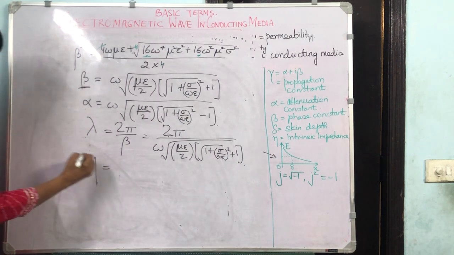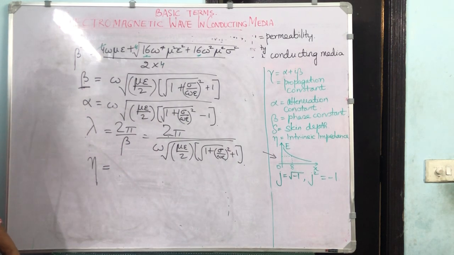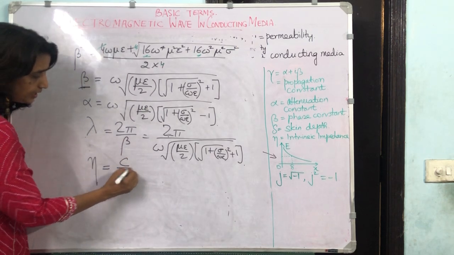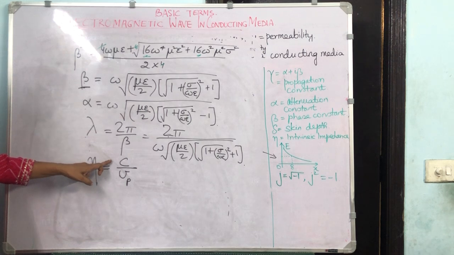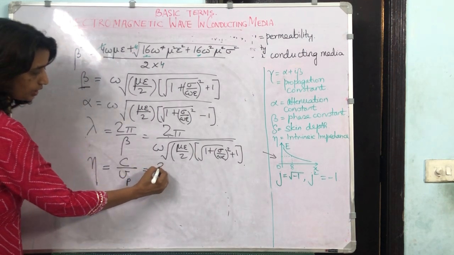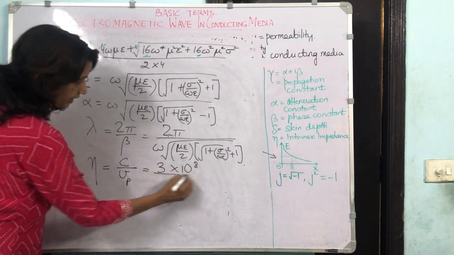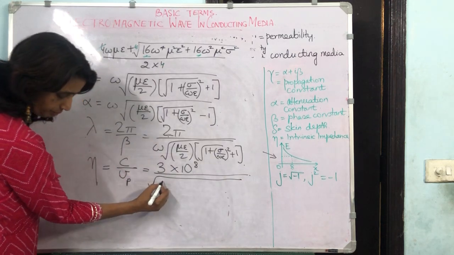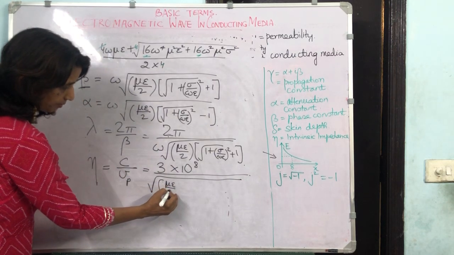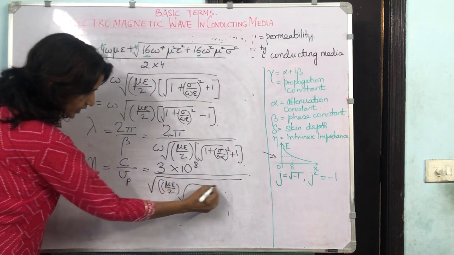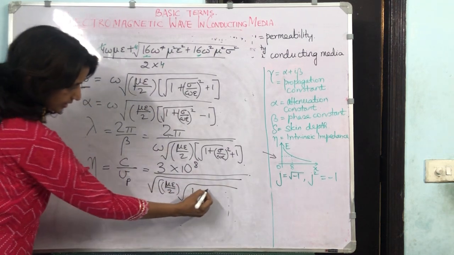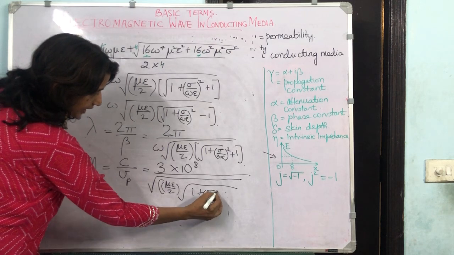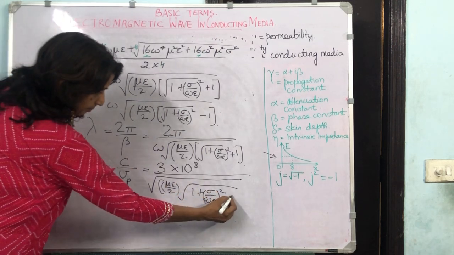Intrinsic impedance, that is the impedance which is observed by an electromagnetic wave when it travels in the conducting media, is given by eta equal to c upon phase velocity. C is velocity of light, so this is equal to 3 into 10 to the power of 8 upon phase velocity. We just found phase velocity right now, we will straight away put that value: mu sigma by 2 under root 1 plus sigma upon omega epsilon whole squared, plus 1.